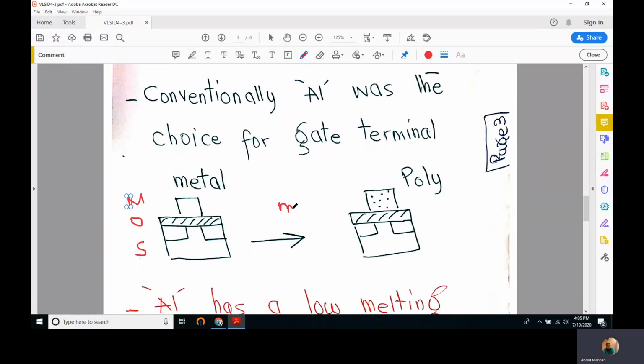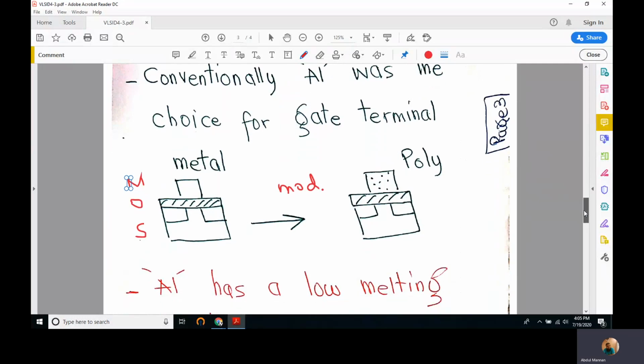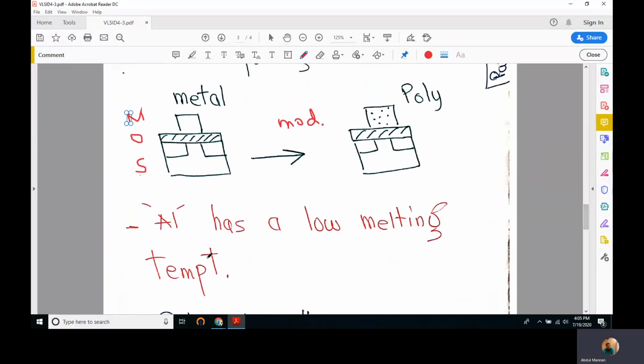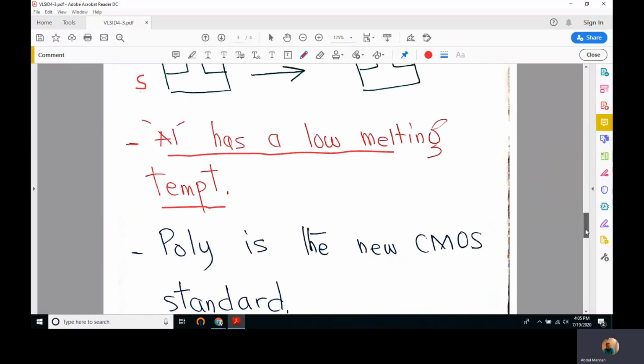In modern VLSI design, metal is no more used to fabricate the gate, but it's now poly, a material that is fabricated by introducing more silicon atoms on amorphous silicon dioxide, as we studied in the last lecture. Another disadvantage of aluminum is that it has a low melting temperature, and high temperatures are common in modern VLSI design. So the use of aluminum to fabricate the gate is not a good choice.